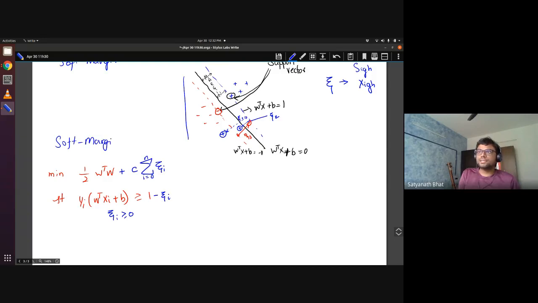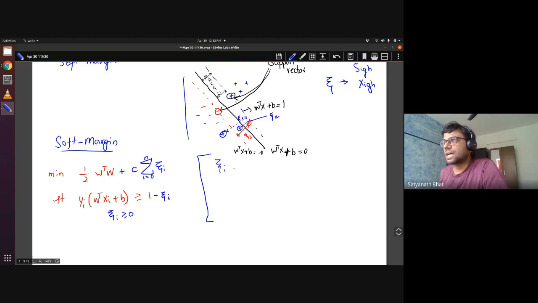What that does is it allows a few points to be violating. Instead of being strictly greater than 1, you are doing 1 minus some positive number, and depending upon the range of that positive number, you can determine where the point lies. Very quickly, suppose Xi is less than 1, where does the point lie?